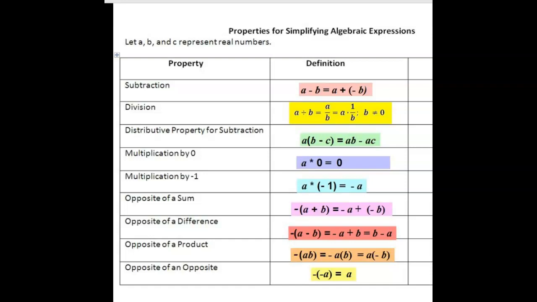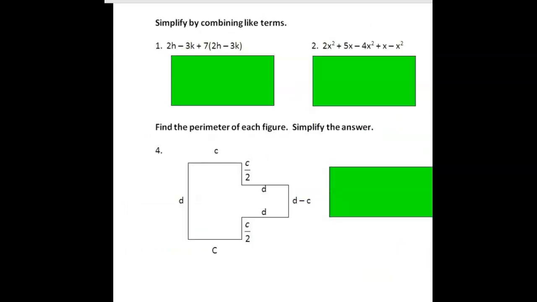So one of the skills we're going to work on today is to simplify by combining like terms. So we can simplify by combining like terms by simply grouping together the like values. So we have 2h minus 3k plus 7 times 2h minus 3k.